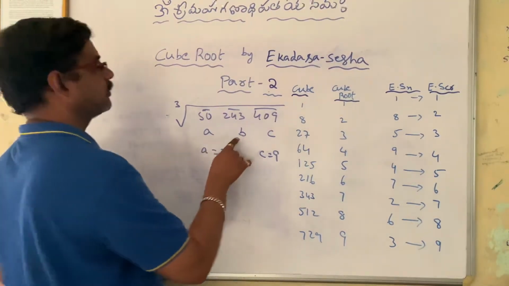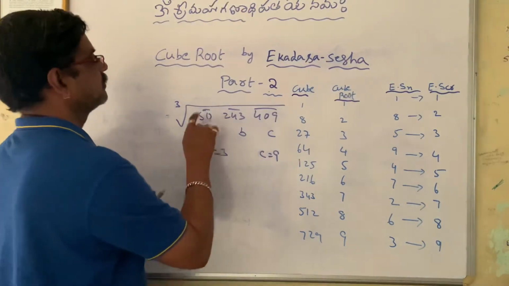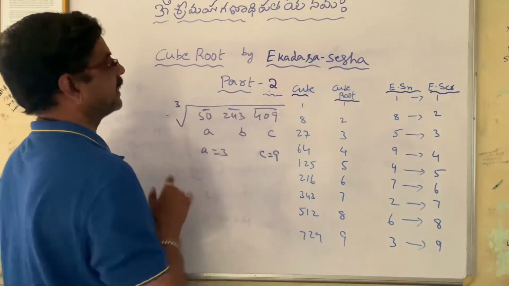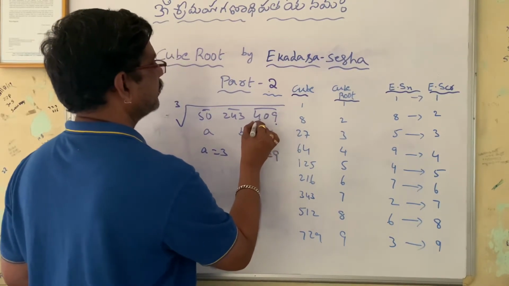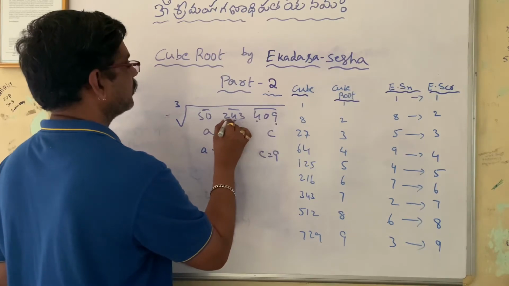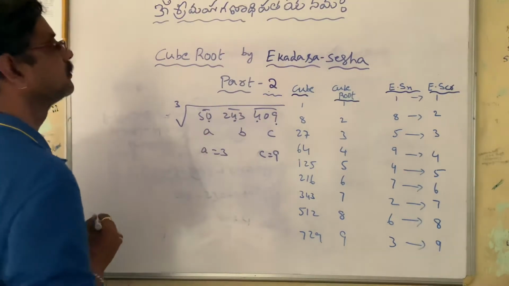For B, we need to find out the Ekadasha Sesha, which means the remainder when we divide this number by 11. So we keep alternate numbers: 9, 4, 4, 0.